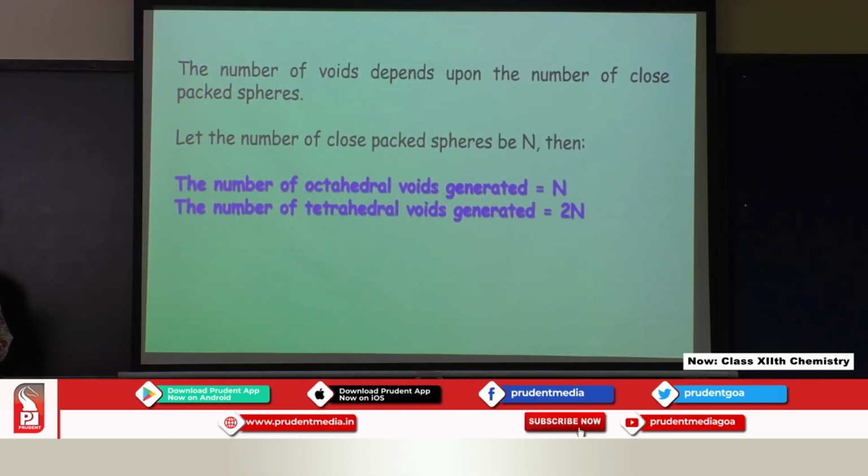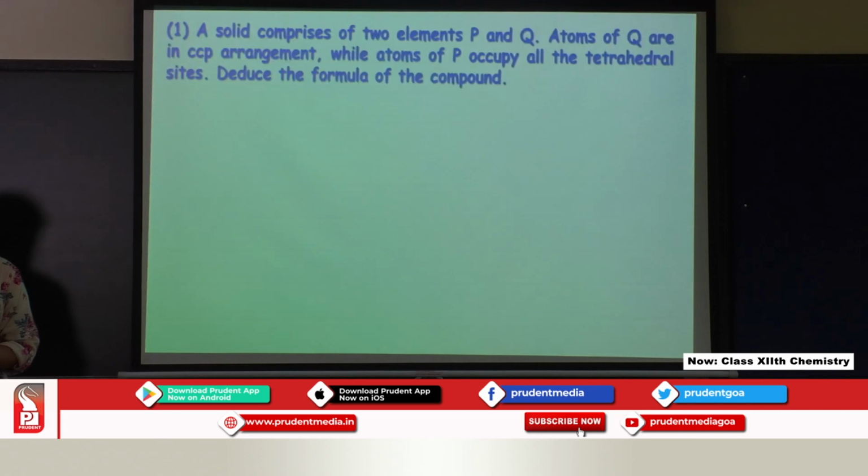The number of voids which are generated depends upon the number of close packed spheres. If you consider the number of close packed spheres as n, you will see that the number of octahedral voids generated will also be equal to n, and the number of tetrahedral voids generated will be equal to 2n.